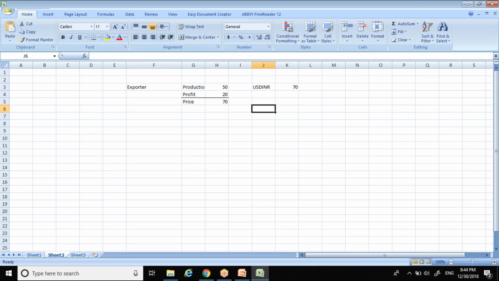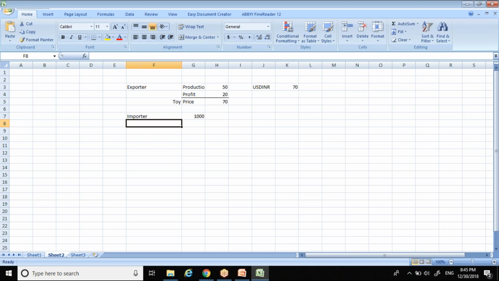Now there is a person in the USA, an importer. The importer says that he wants 1,000 toys. One toy is priced at 70. So the importer wants 1,000 pieces. In this situation, what will be the value? What quotation will we be giving him?